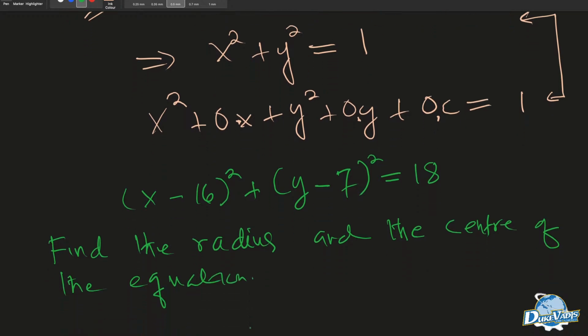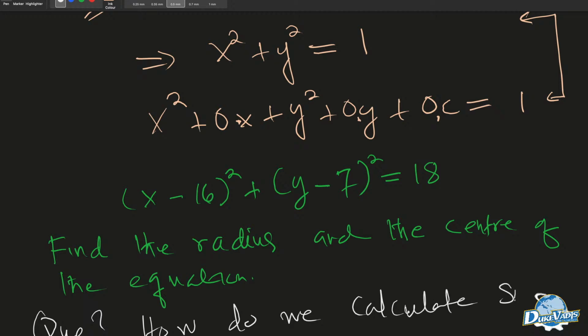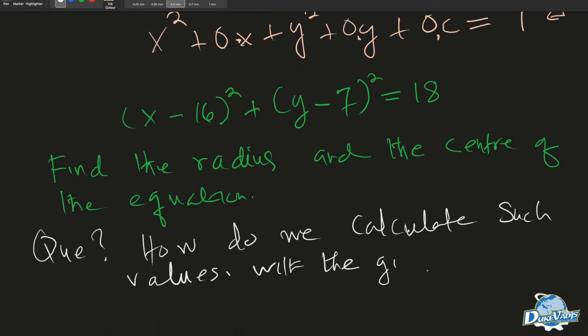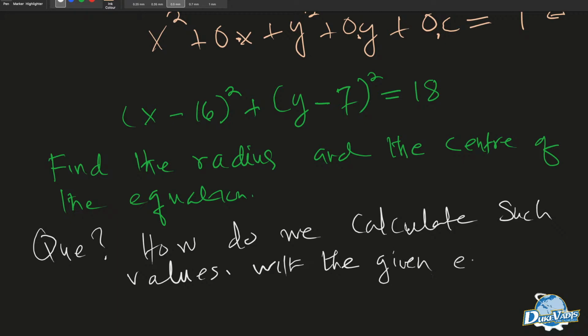So the question here is, how do we calculate such values with a given equation?